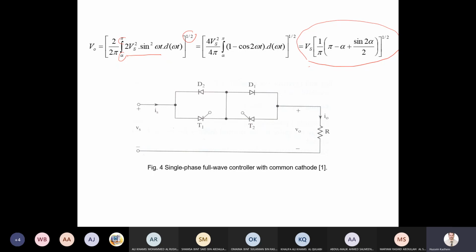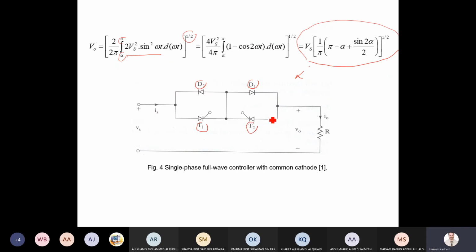Now, for this previous circuit, we can have some other circuit which gives the same function. As an example, this one here, we have 2 diodes and 2 thyristors connected in this way.